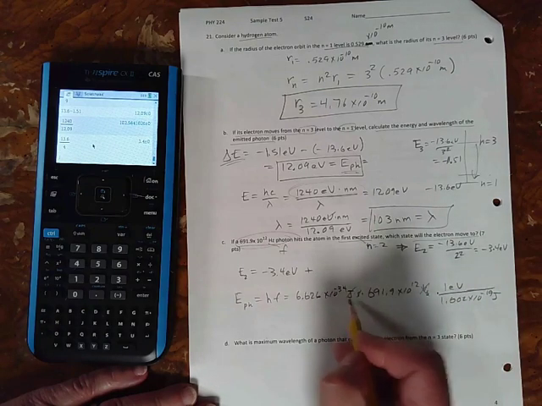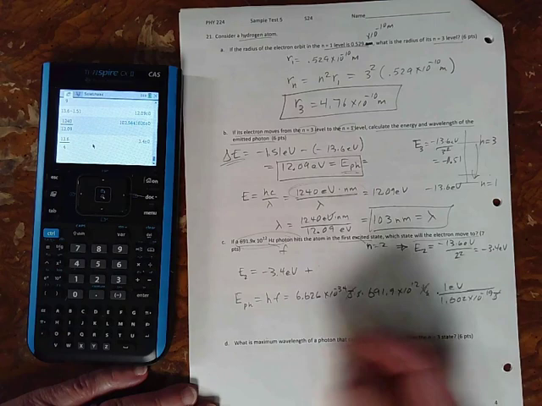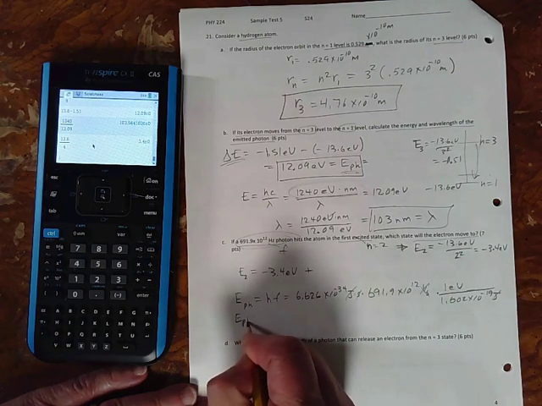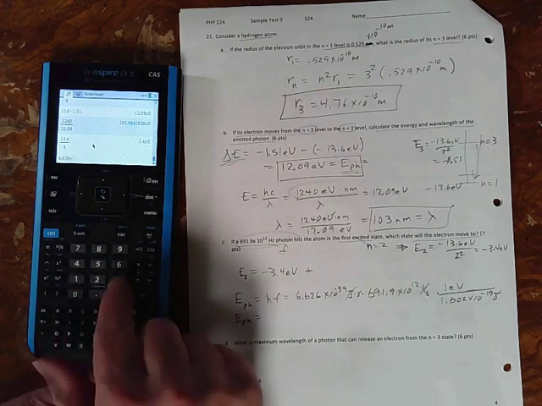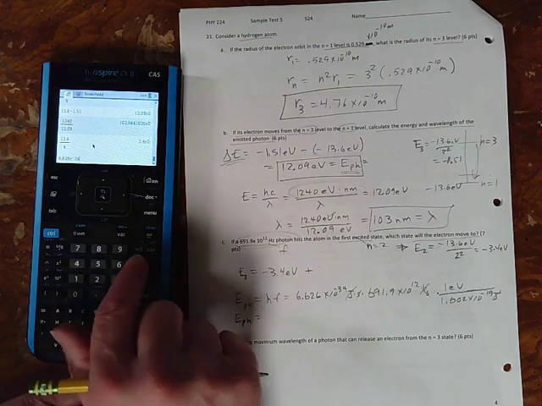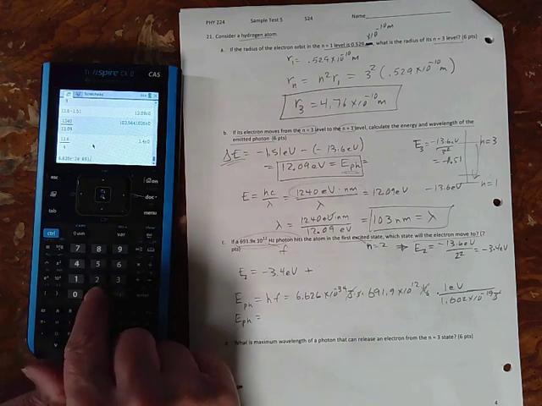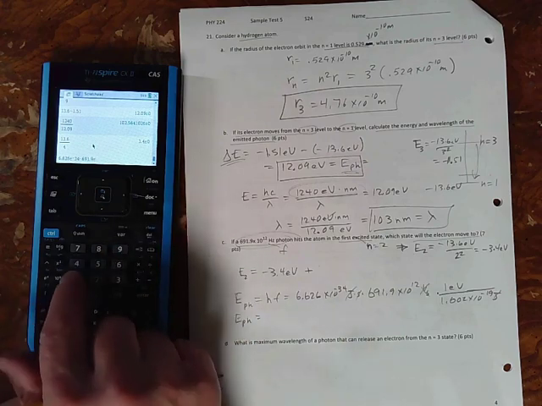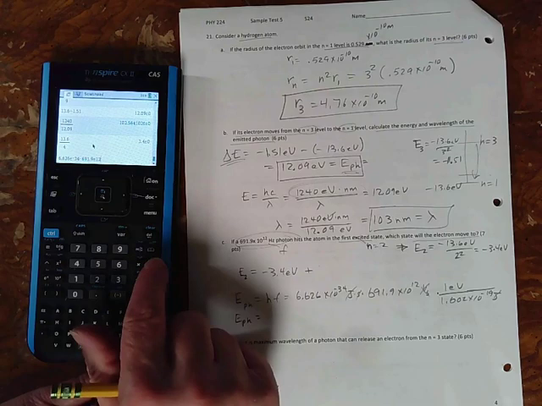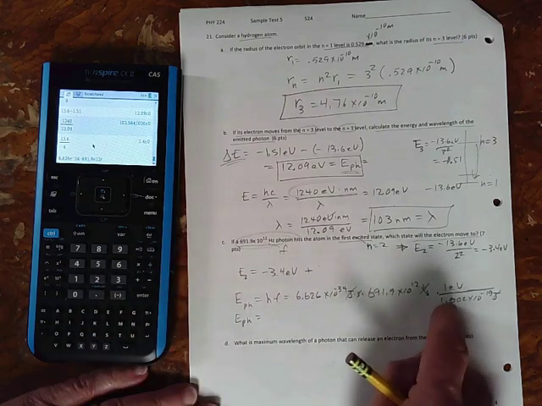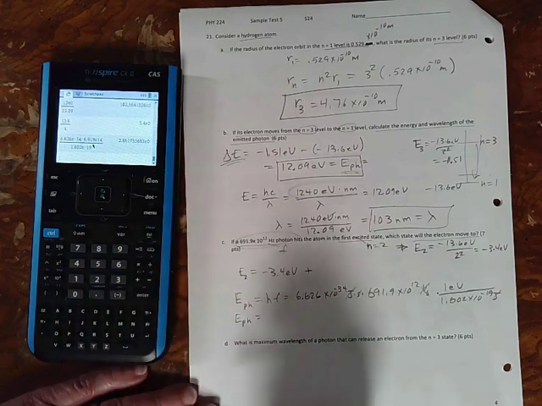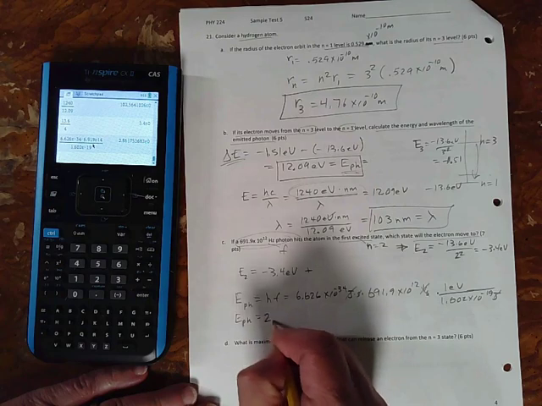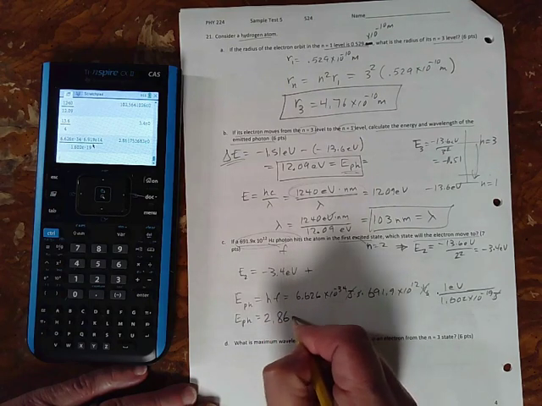So the joules cancel, and we get E of the photon in electron volts. So 6.626 E negative 34 times 691.9 E 12, divided by 1.602 E negative 19. I get 2.86 electron volts.